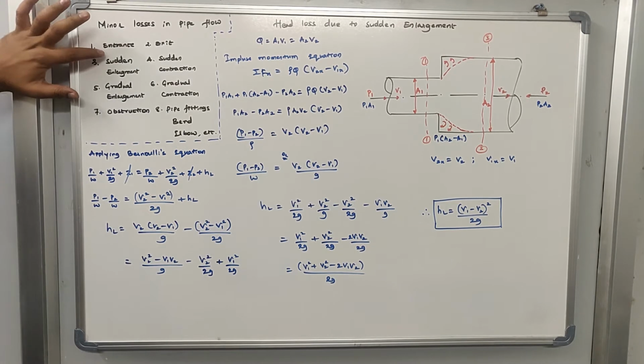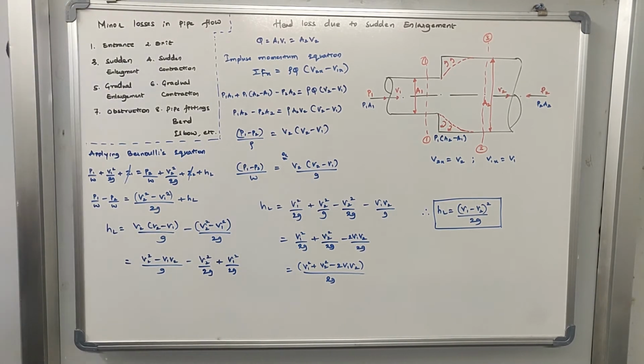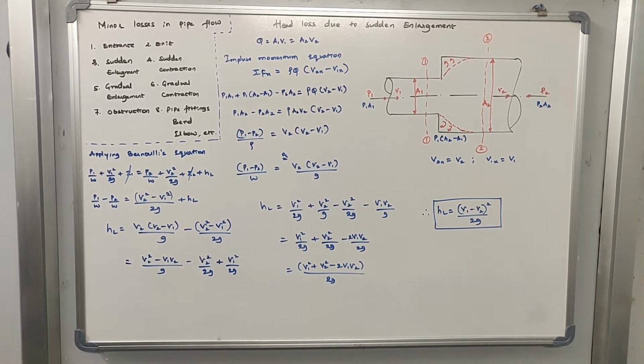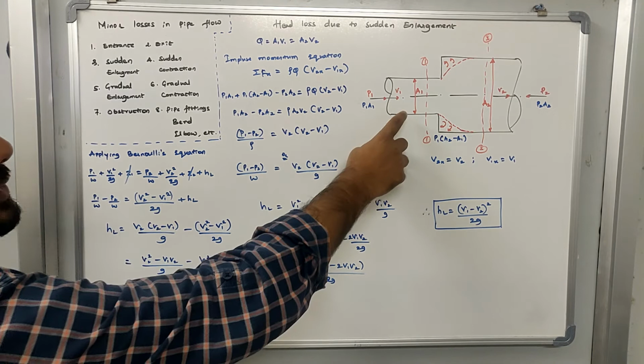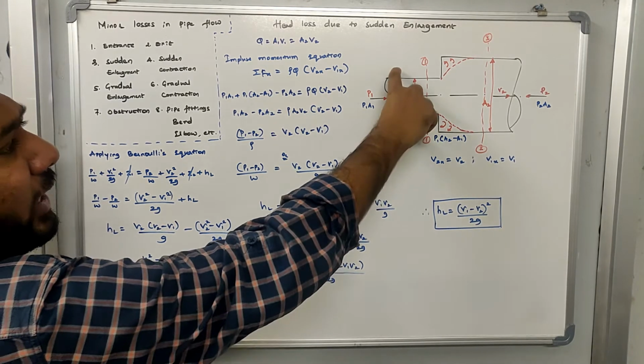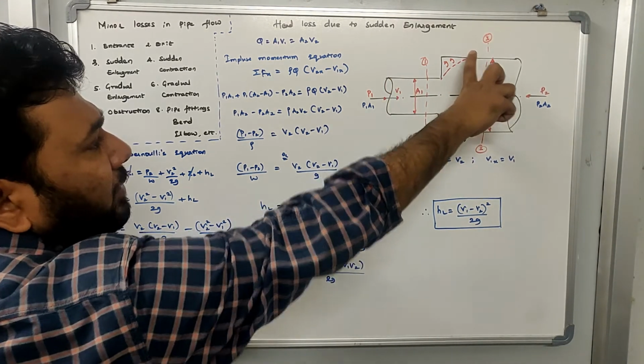Now let us go to sudden enlargement and sudden contraction. Now you need to fit different types of pipe in series. For example, if you have a pipe of 10 centimeter, you have to expand it to 20 centimeter. There are situations like that when you are going to design a pipe network. Assume that this is a smaller diameter pipe and this is a larger diameter pipe.